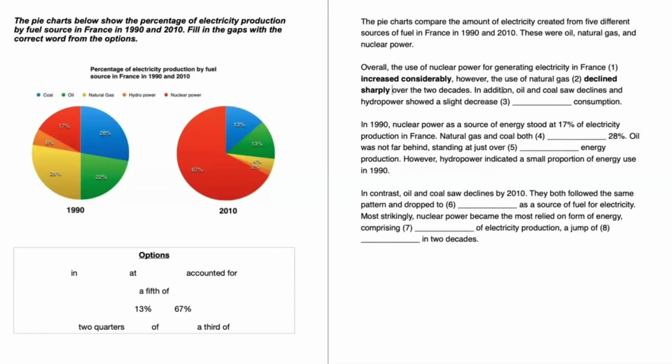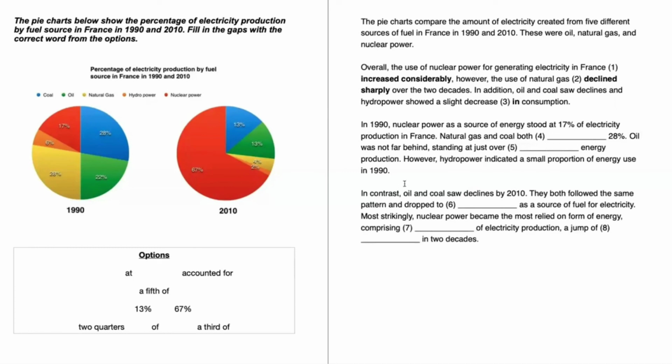In addition, oil and coal saw declines, and hydropower showed a slight decrease, blank consumption. So again, just hydropower in orange from 6% to 2%, it showed a slight decrease in consumption. So that is the correct preposition. Make sure, of course, you're not forgetting the importance of your prepositions.